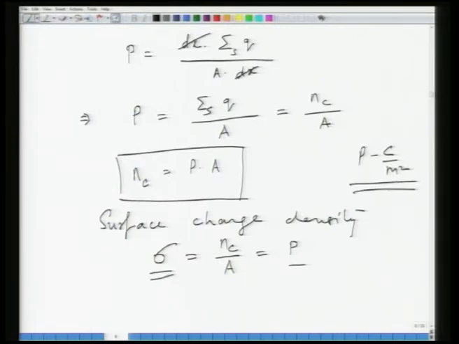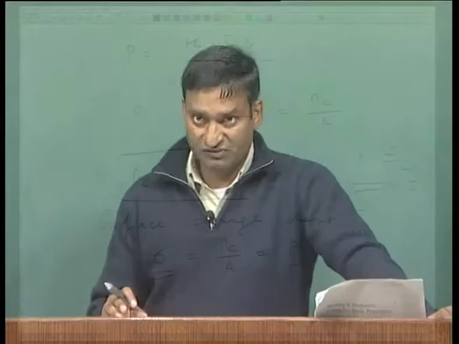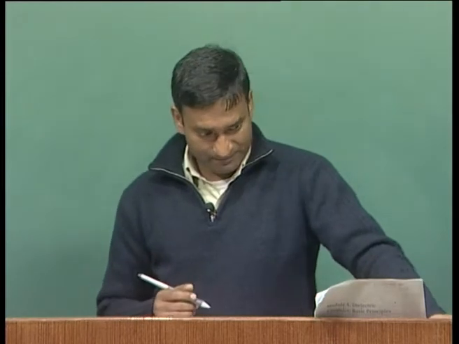So, this is a key concept. If P dot A is a scalar quantity, then sigma would also be a scalar quantity. But this is an important concept: the polarization that we have defined here is nothing but surface charge density, the charge which is within that particular area of the surface.